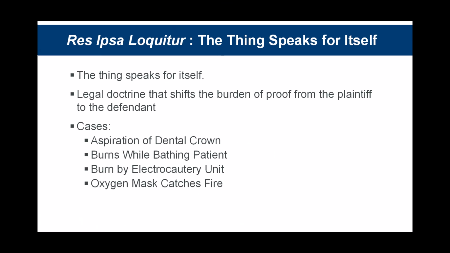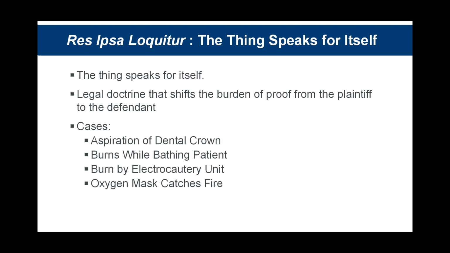Res ipsa loquitur is a legal doctrine meaning the thing speaks for itself, which shifts the burden of proof from the plaintiff to the defendant in cases where an injury would not ordinarily occur without negligence. Common examples include scenarios such as aspiration of a dental crown, patient burns during a bath, electrocautery-related burns, or an oxygen mask catching fire.